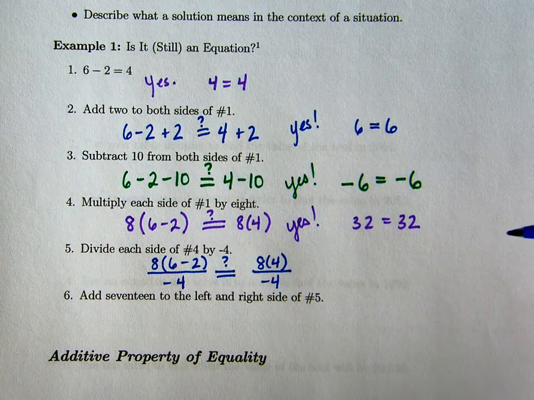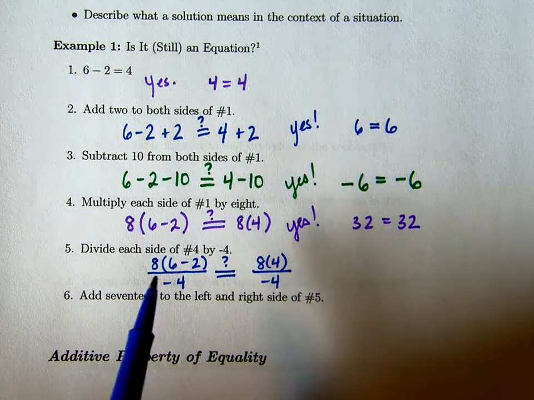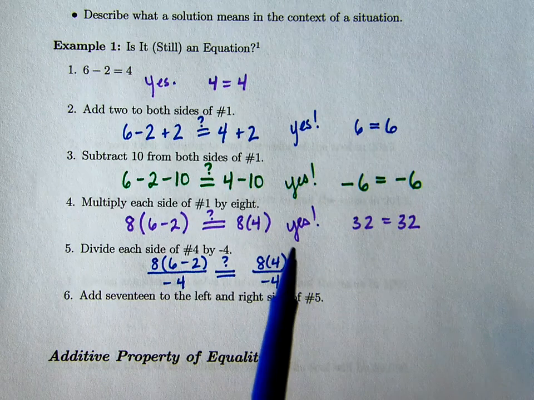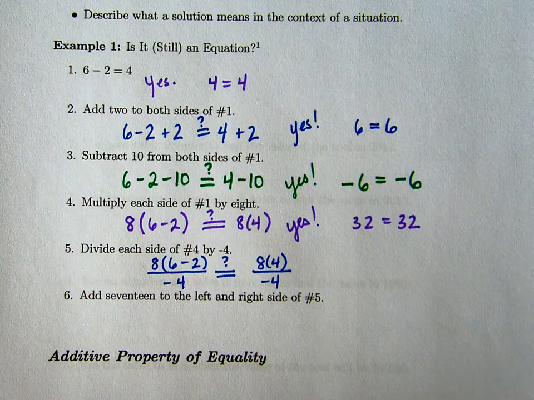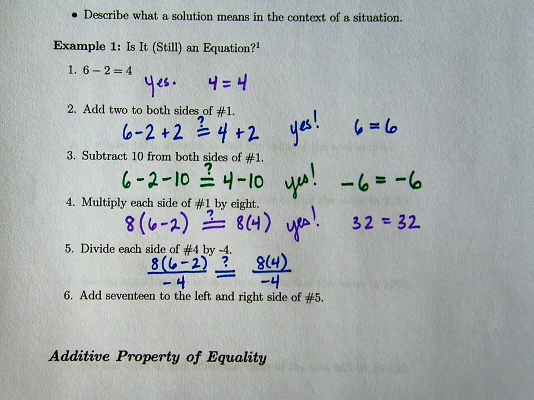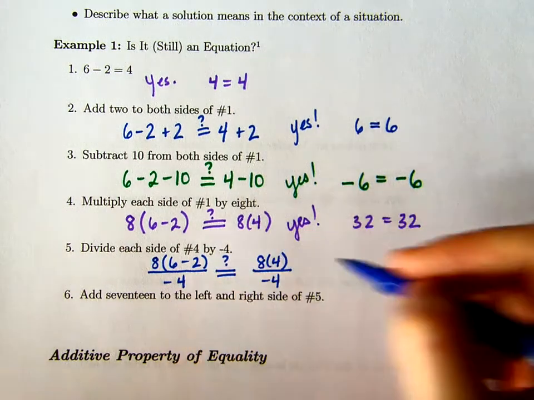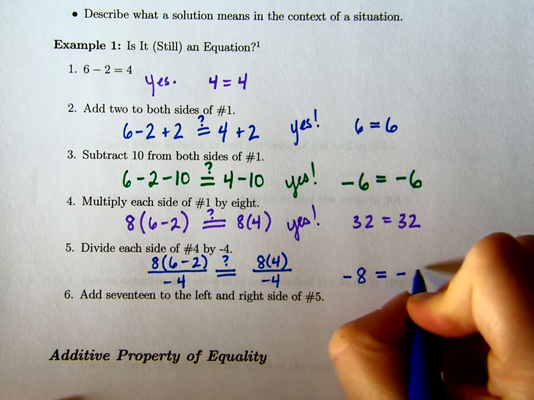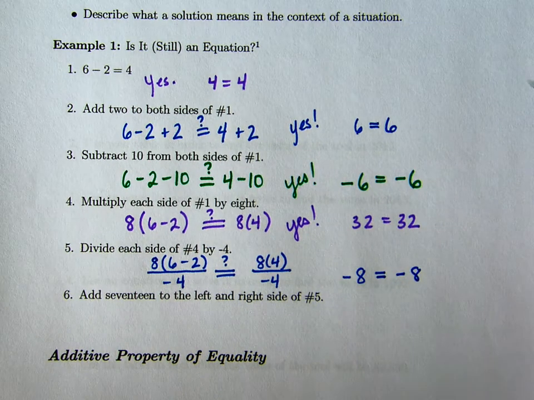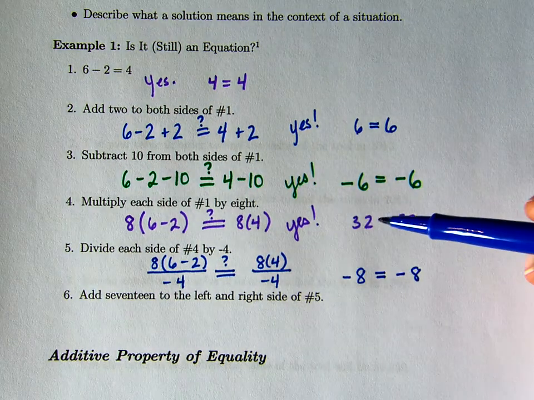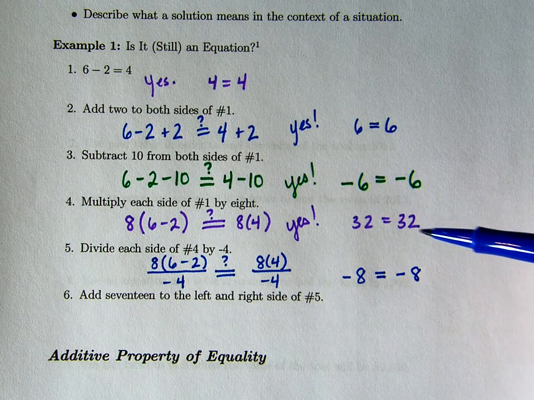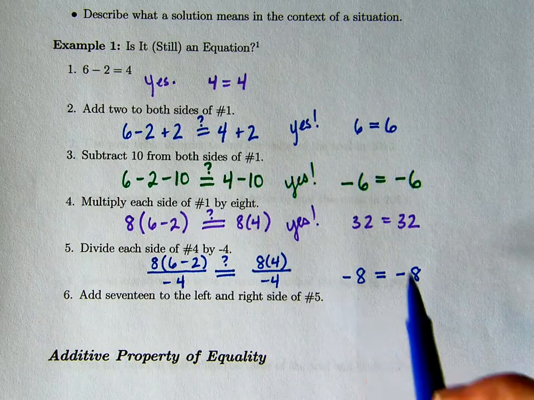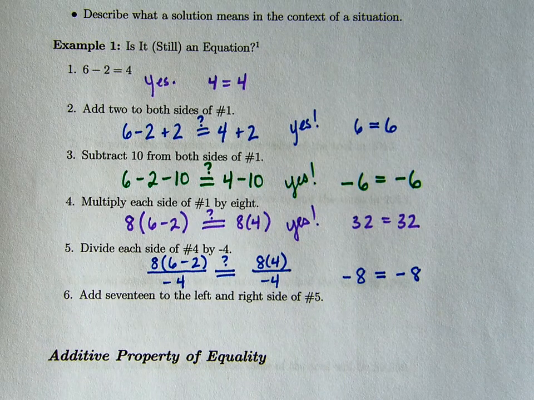I still say yes, because over here the numerator will be 32, and 32 divided by negative 4 is negative 8. So this really would read negative 8 equals negative 8. Because in number 4, we had 32 equals 32, and in number 5, we really just divided both sides by the same amount.